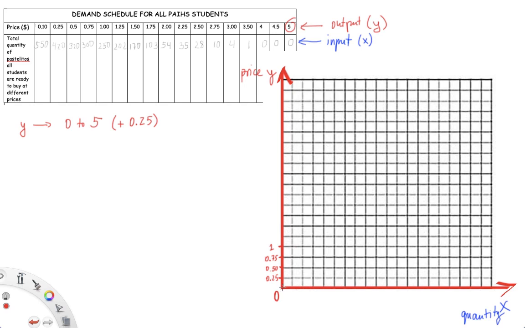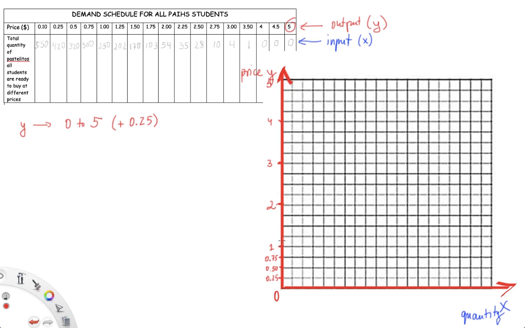So if you notice, there's 1, 2, 3, 4 squares that represent $1. So let's do this: 1, 2, 3, 4. This should be $2. 1, 2, 3, 4. This should represent $3. 1, 2, 3, 4, $4. 1, 2, 3, 4. This will represent $5.